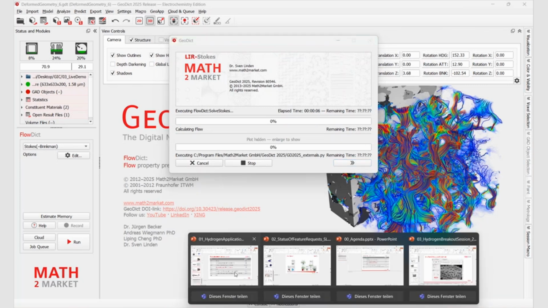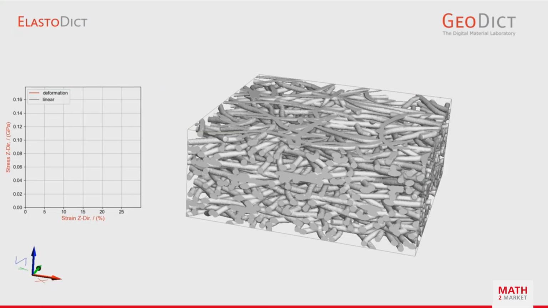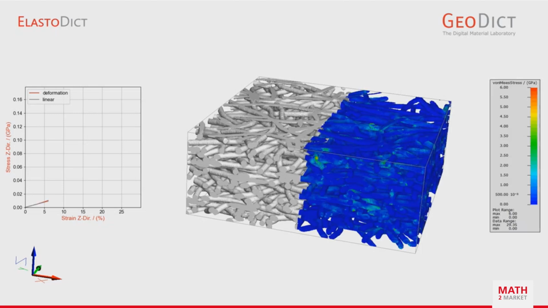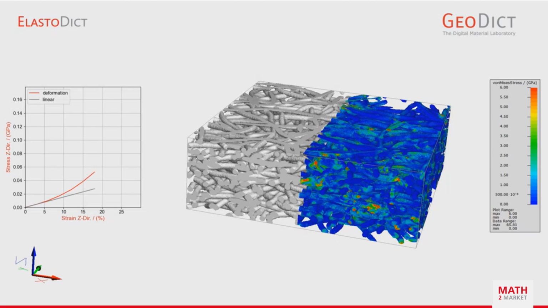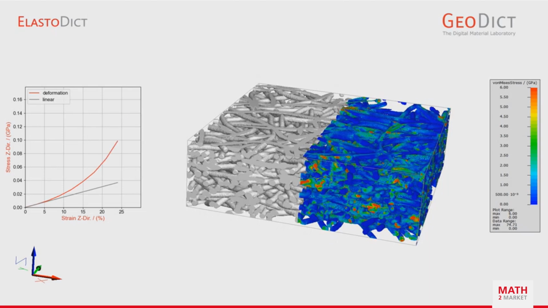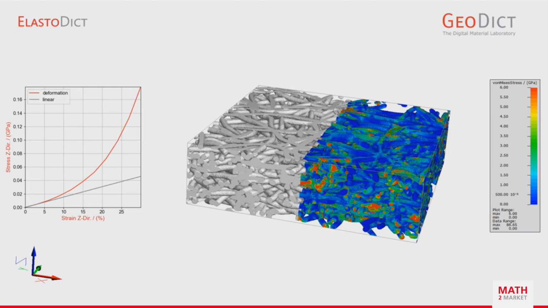I can show the results here in this visualization. In this movie, we can see how the compression compresses this layer, and we see the deformed structure, and on the right-hand side also the von Mises stress on the right half of the structure.